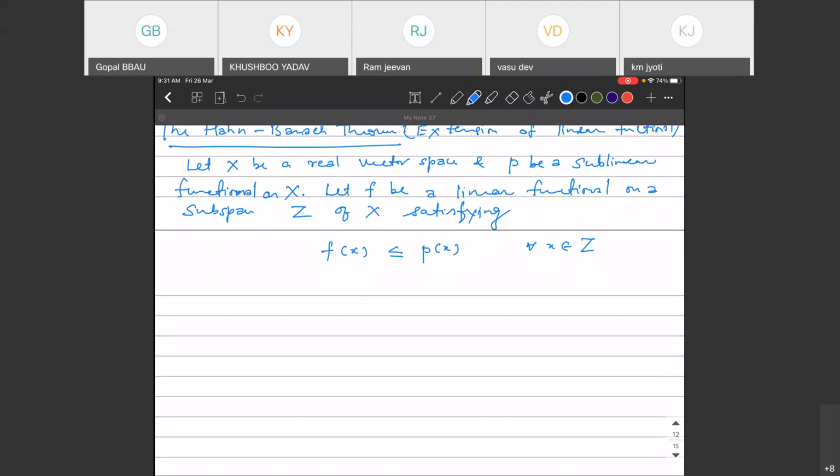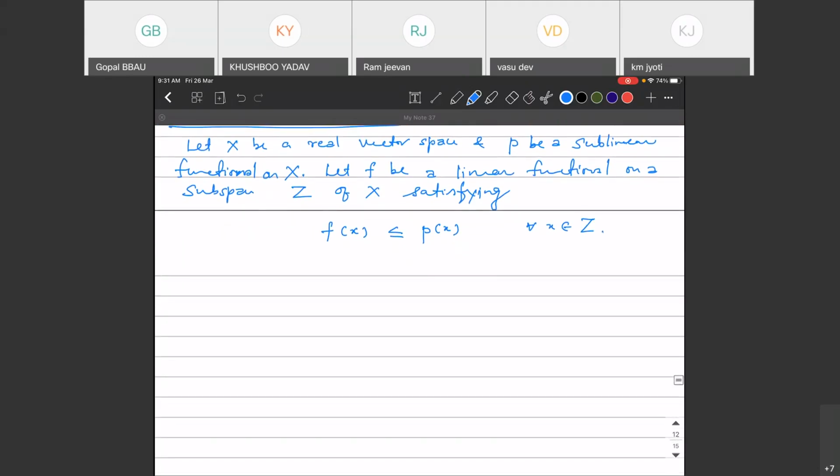So f x is always less than or equal to p x for all x in Z. As I said, the Hahn-Banach theorem is an extension theorem.